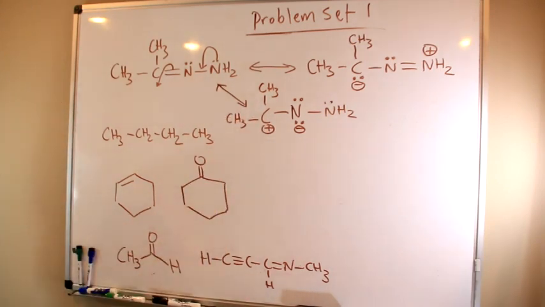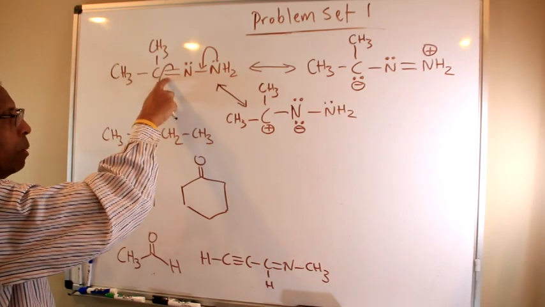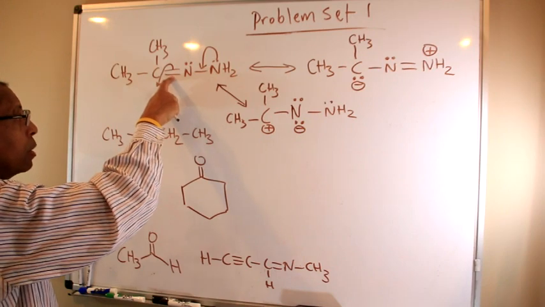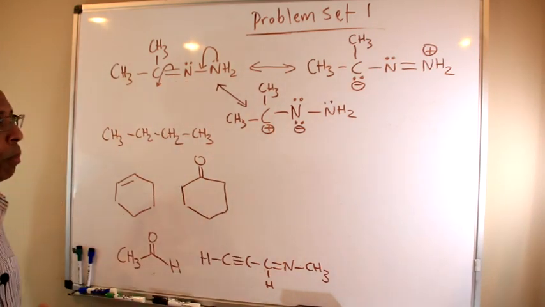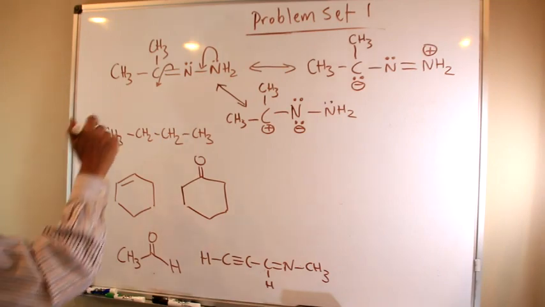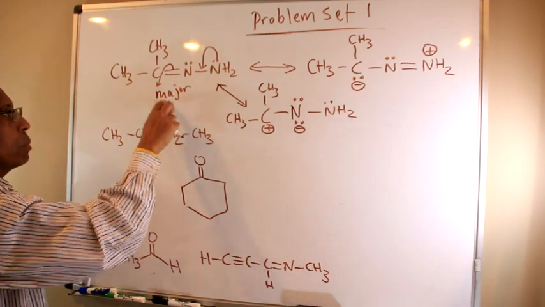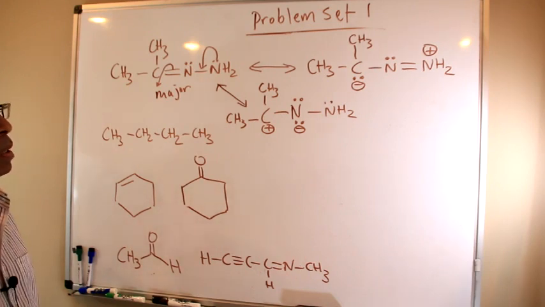So this is another resonance which came by moving a pair from the bonding carbon-nitrogen bond. One of the pi bonds is removed and you put the pair on nitrogen as a lone pair. Now the question becomes, what is the major contributor? Obviously the major contributor is your starting compound because there is no charge separation on it.